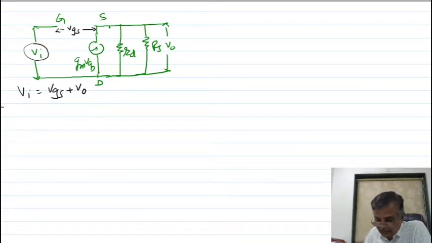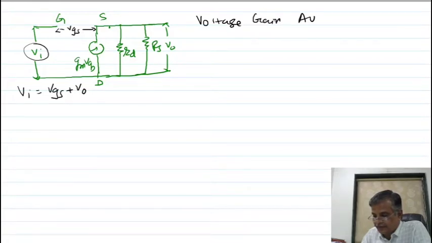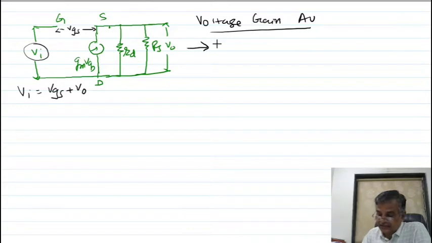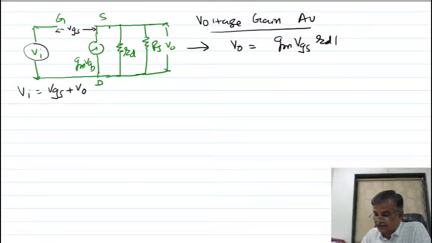So first derivation: I am discussing voltage gain, AV. Look here, from this circuit I can say the output voltage is current multiplied by RD plus RS.